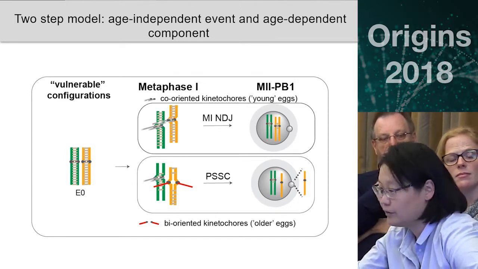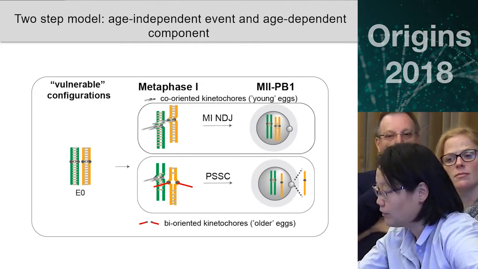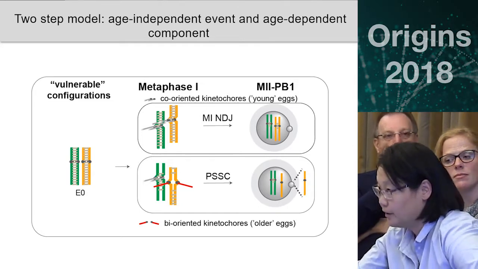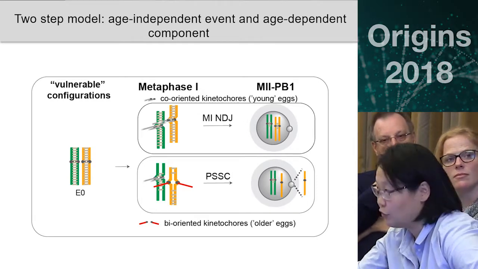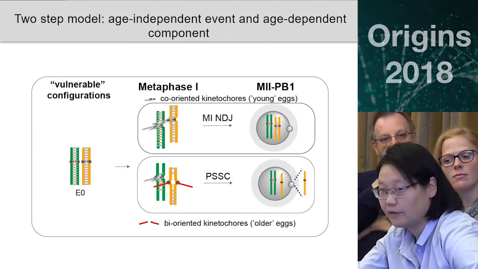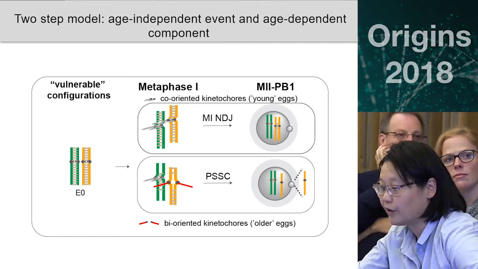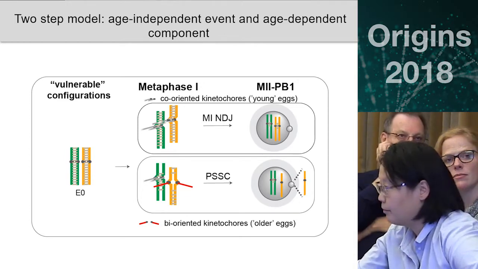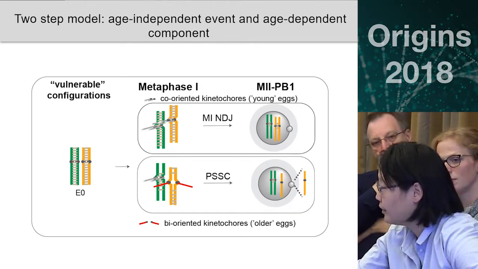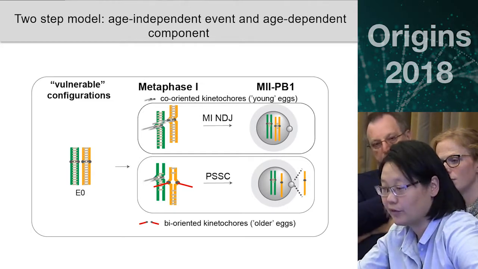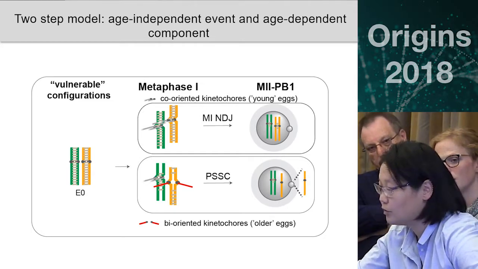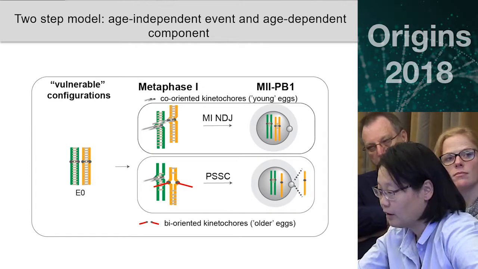There was one E0 reported from Sunny C's lab in China in their data on human oocytes, where they had sequenced the oocyte PB1 and PB2. But that's just one example. And I think it's one of the things that's a big prediction. We should see these vulnerable configurations.